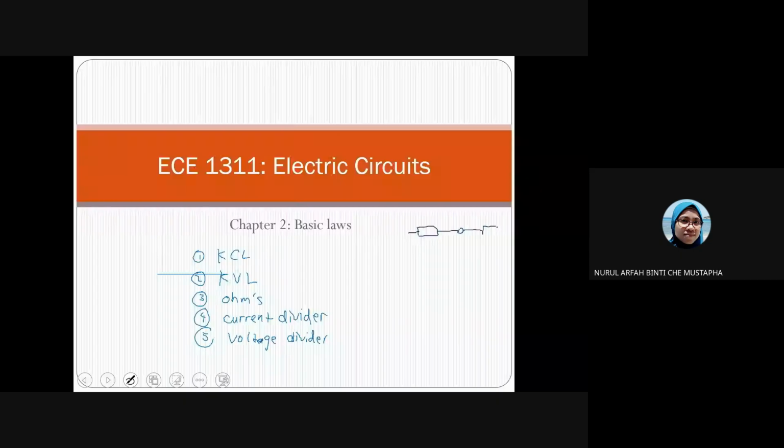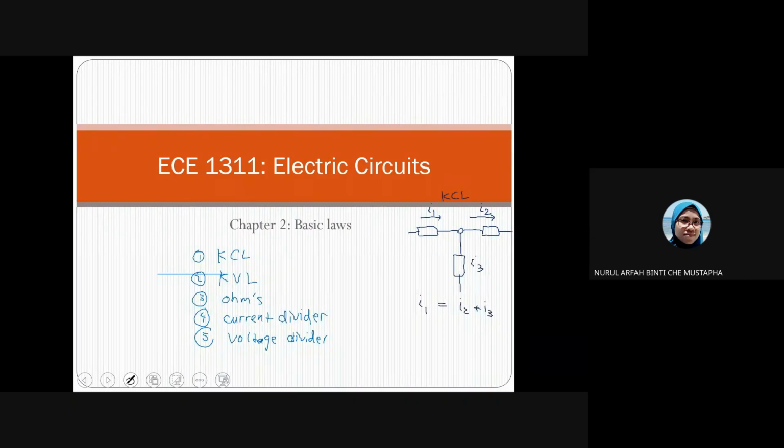The current law and this law, three branches. The current entering should be equal to the current leaving this node: I2, I3. So the current entering equals the current leaving, I3.